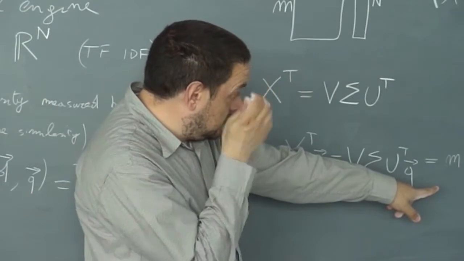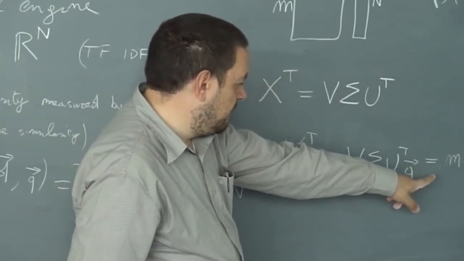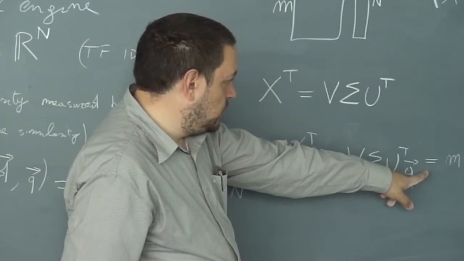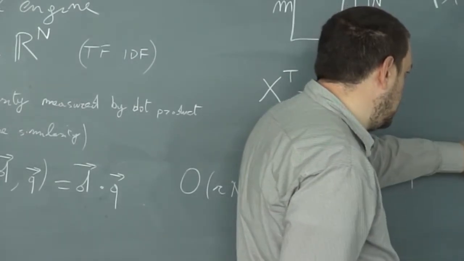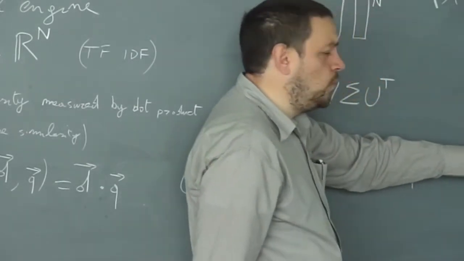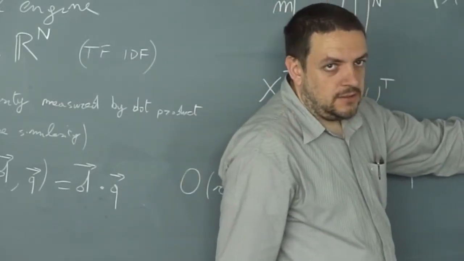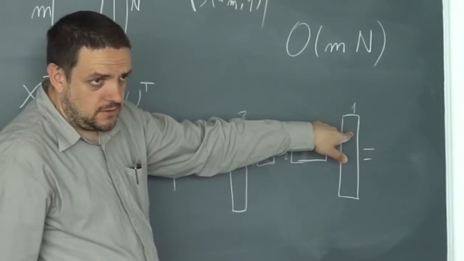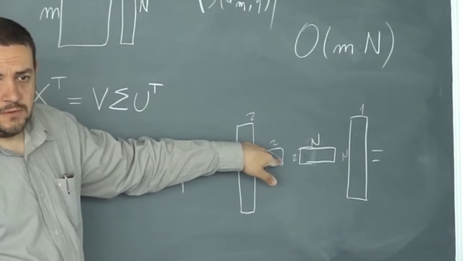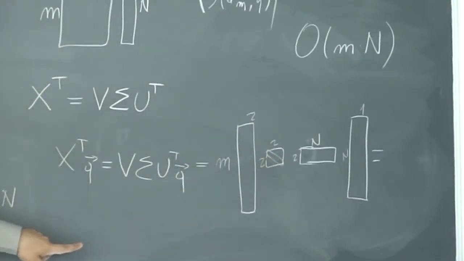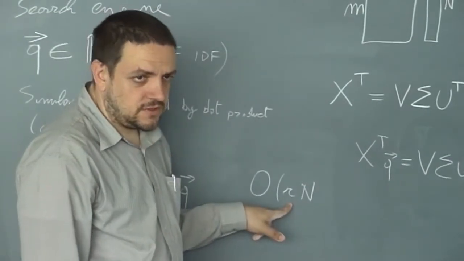And this adds one multiplication for each element of this, so this is just a big O of R. It's negligible with respect to this.